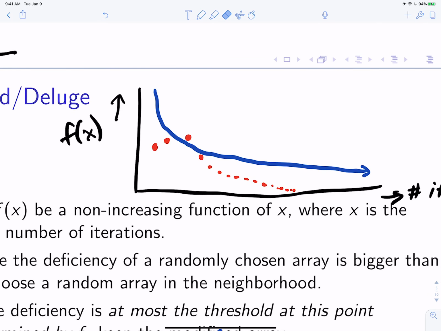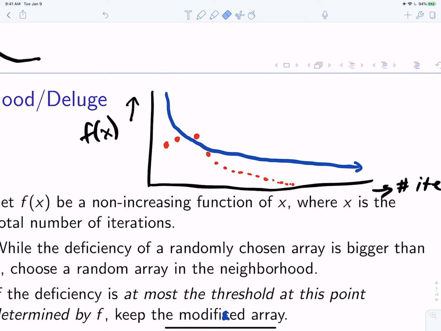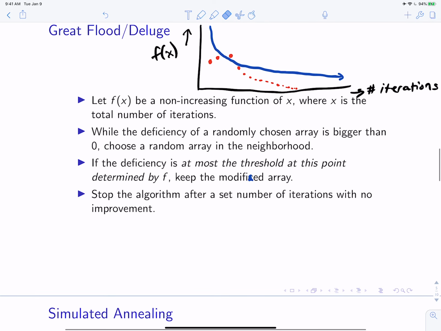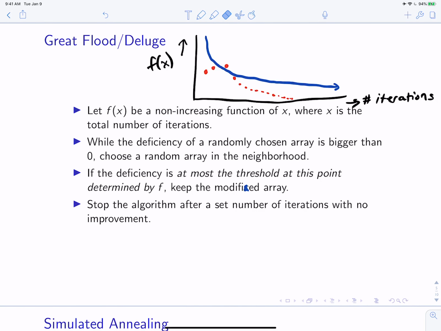But any questions on what the Great Flood algorithm does? As long as you're under the line, you're good. If you go over the line, you don't keep that change. Okay. And then if you don't make an improvement after so long, then you just stop.